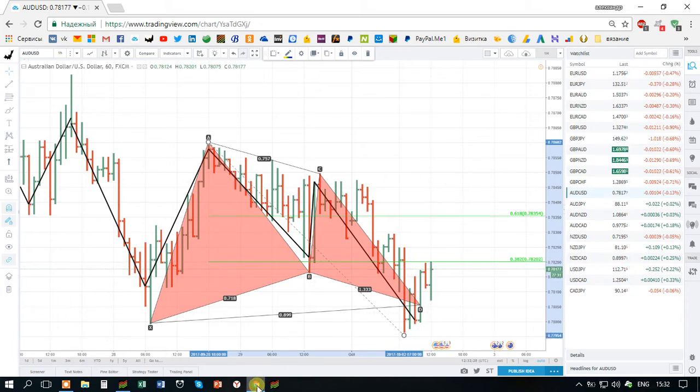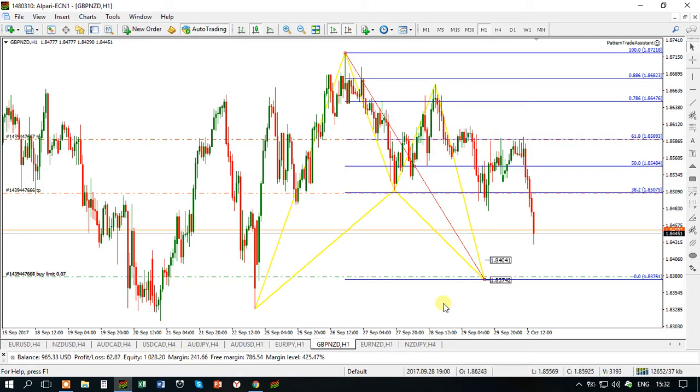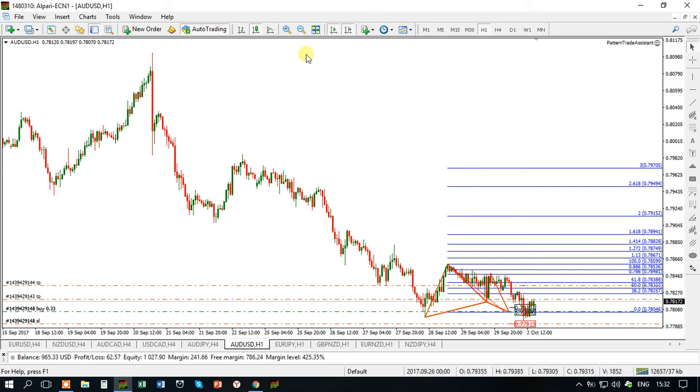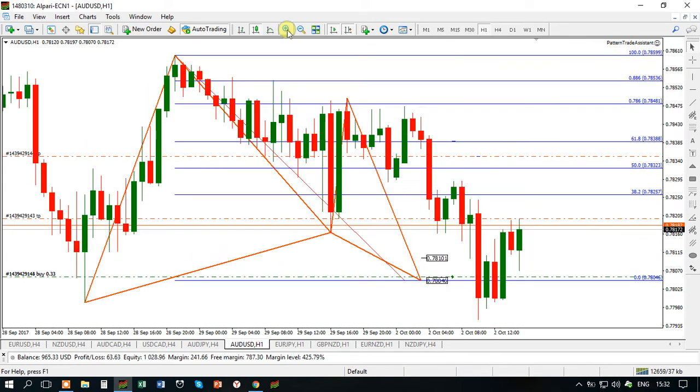the targets. Let me go to my Metatrader platform, and nope, not yet. Nope, it didn't hit the target. Although the initial targets are a bit higher, you can see the initial Fibonacci levels, but as price went lower, Pattern Trade Assistant adjusted the targets.